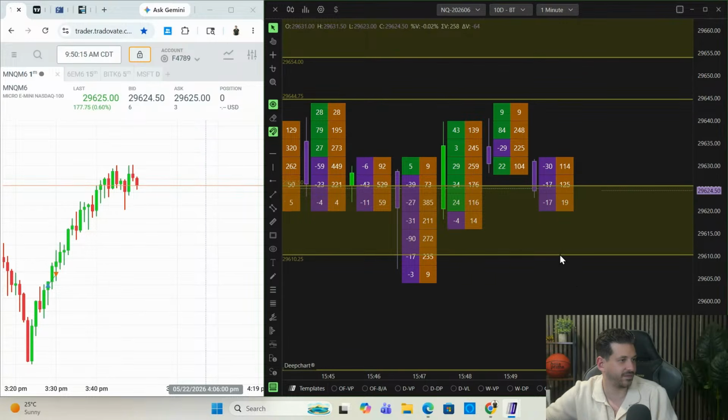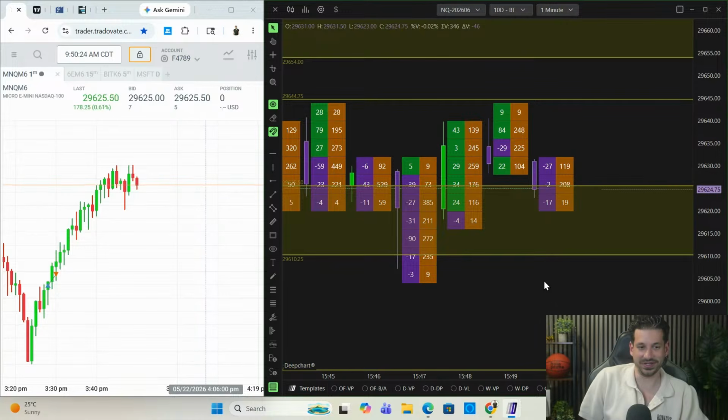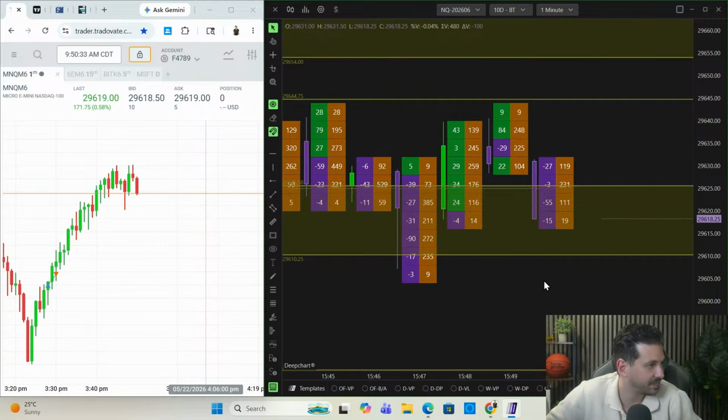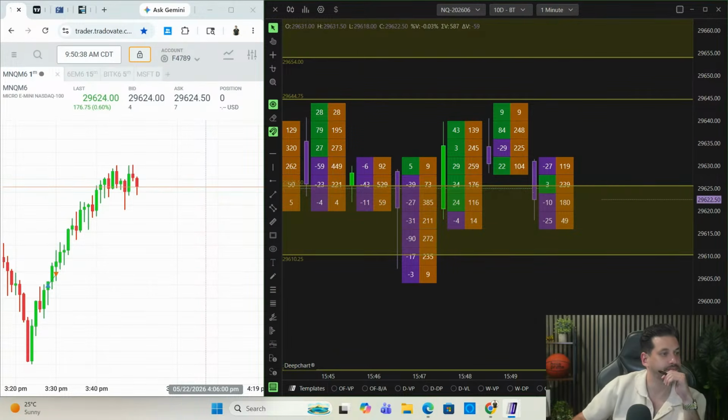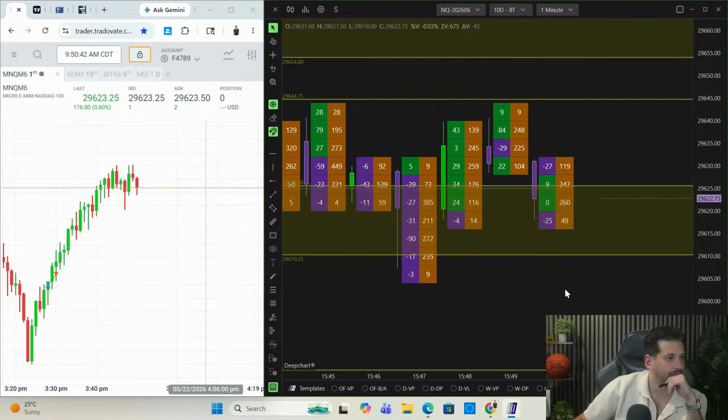This is a beautiful footprint, I gotta say. I'm even actually getting used to the purple and green. At first, I was like, purple and green? I don't know how I feel about purple and green, but I'm getting used to it now. Kind of works. Come on.